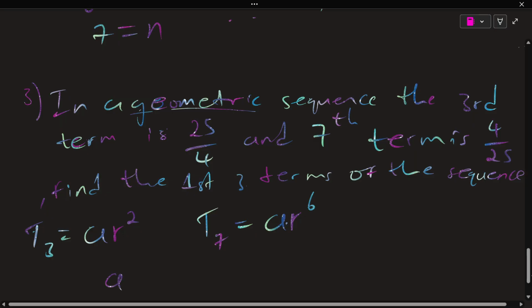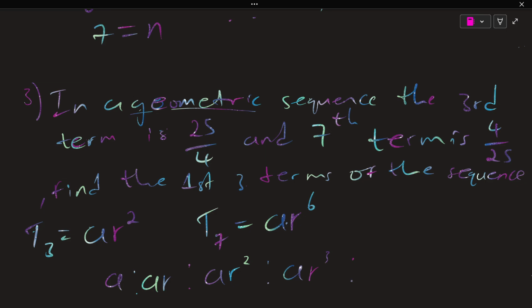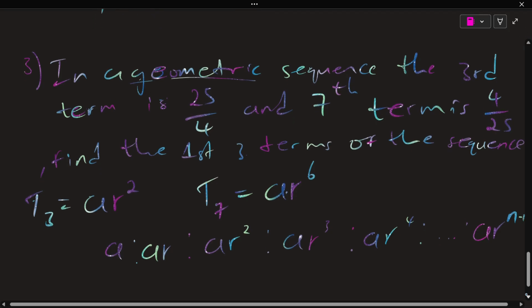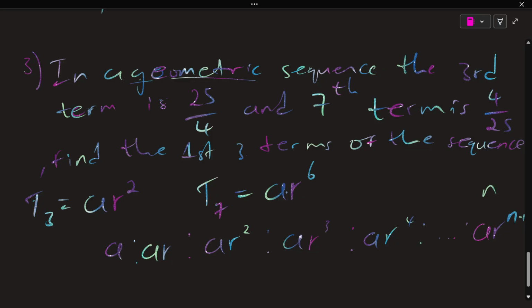Someone may ask themselves, where am I getting these things? A geometric sequence is like this. a is the first term, ar is the second term, ar to the exponent 2 is the third term, ar to the exponent 3 is the fourth term, ar to the exponent 4 is the fifth term, up until we get to ar to the exponent n minus 1, which is the nth term.